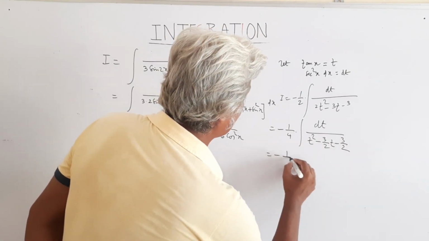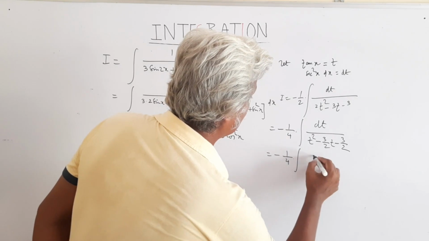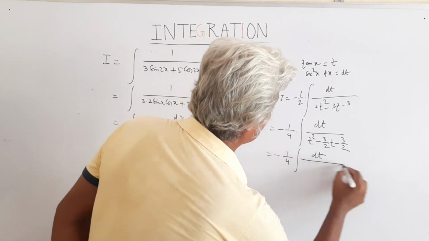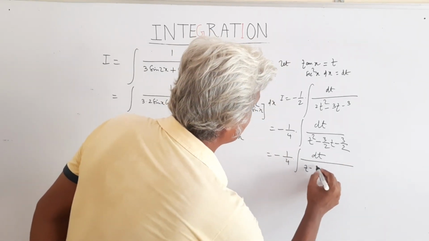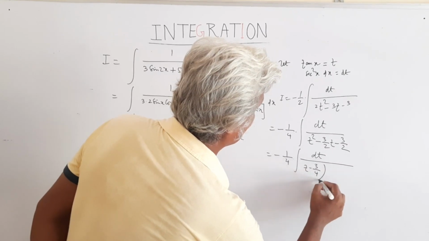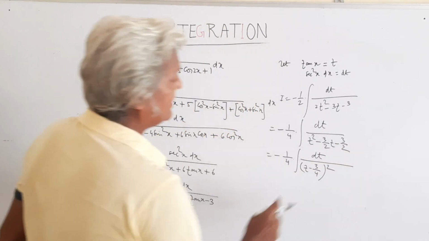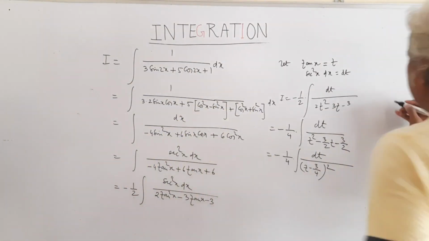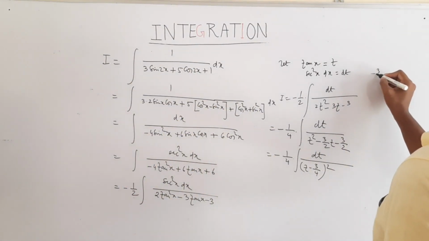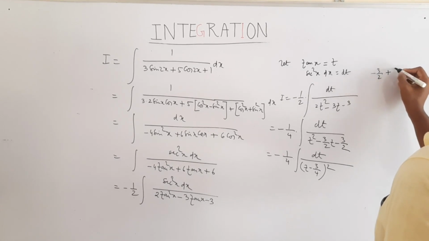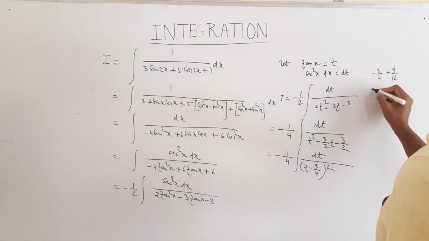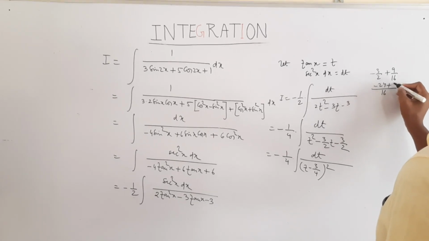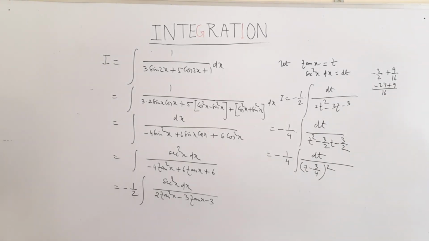So this is minus 1 over 4 dt upon, this I can write as t minus 3 by 4 whole square and minus 3 by 2 plus 9 by 16. If you take the LCM 16, so minus 24 plus 9, that is minus 15.